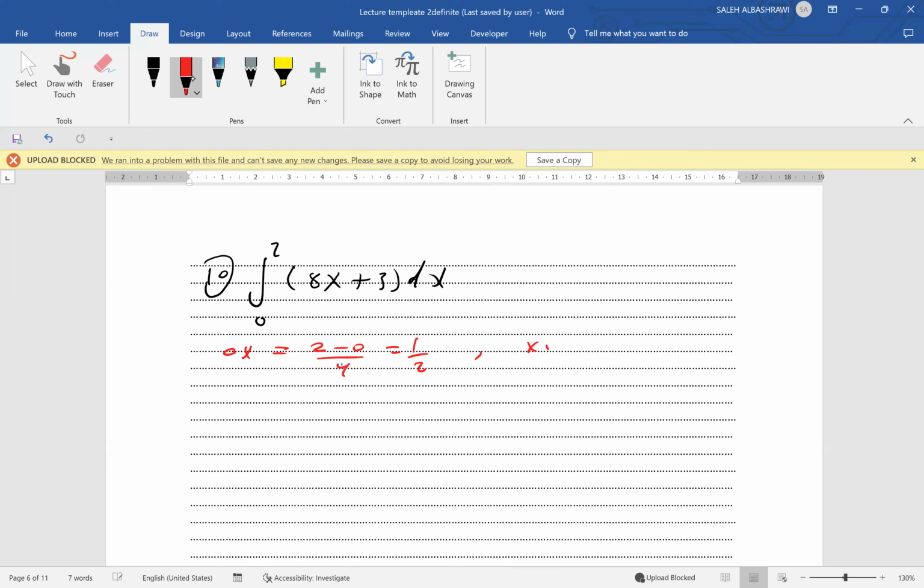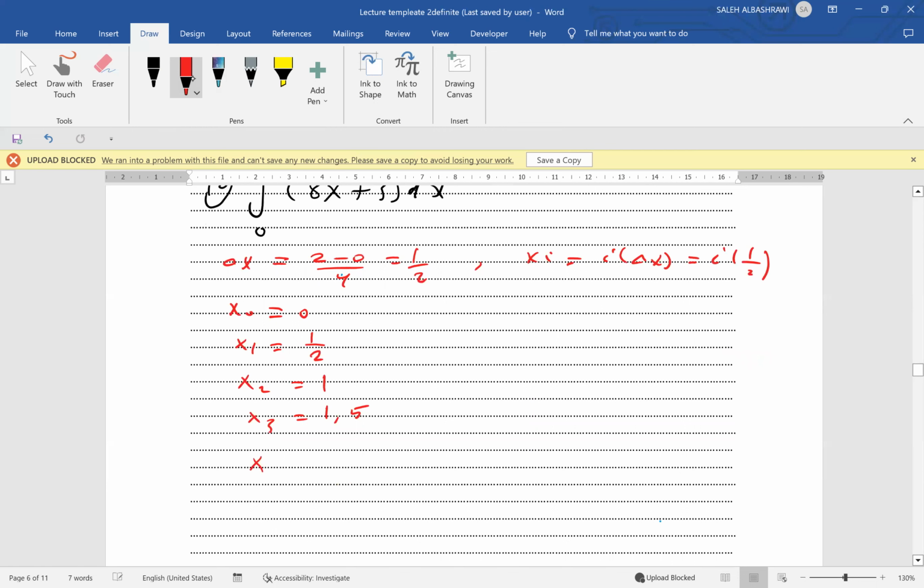Now xi is equal to a plus i delta x, where a is 0, so that is i times 1/2. This gives x0 equal to 0, x1 equal to 1/2, x2 equal to 1, x3 equal to 3/2, and x4 equal to 2.